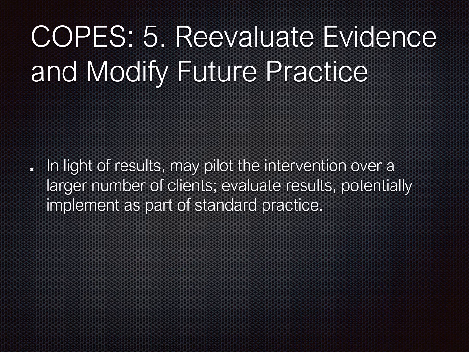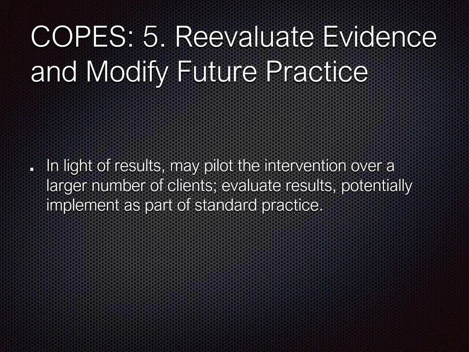And then the 5th step, the last one, is to reevaluate the evidence and modify future practice. If you found amongst those 6 individuals with anxiety that a given intervention was associated with some improvement, so individual scores on the Beck anxiety inventory got better and better as time went on, then you might expand the intervention across all of your clients who have anxiety.